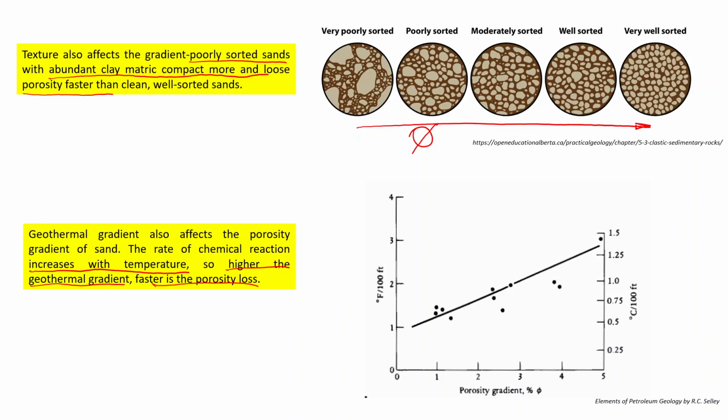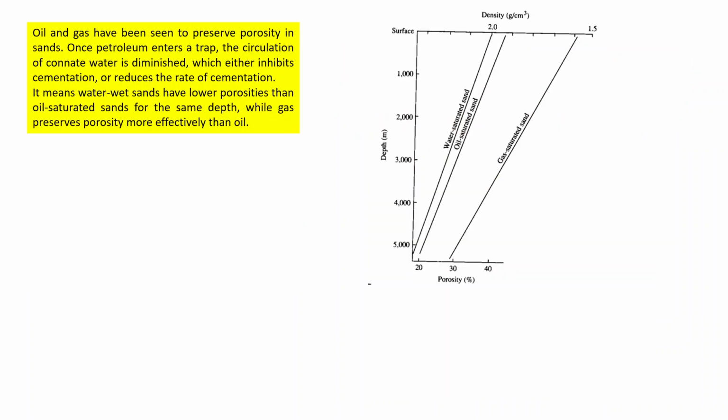If the geothermal gradient is higher, the chemical reactions will lead to the precipitation of those minerals, or probably cements, very fast, and they will reduce the porosity in the sandstones.